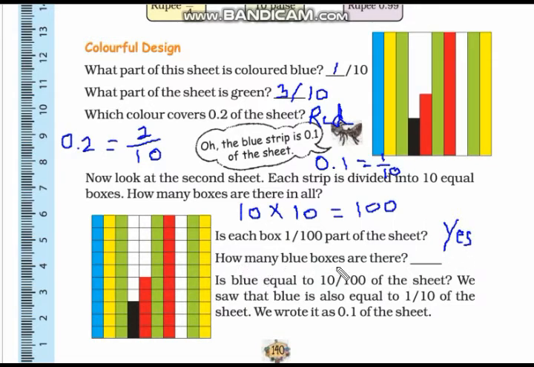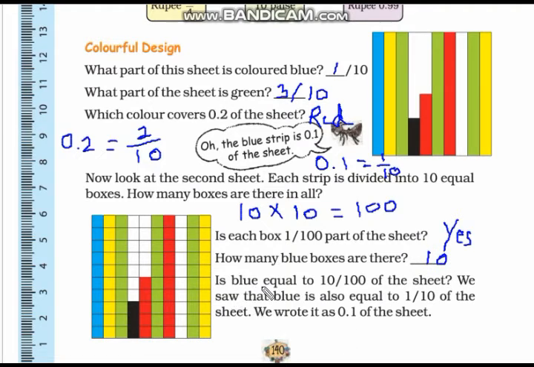Now how many blue boxes are there? If you count here, how many blue boxes are there? Children, count here how many blue boxes. Obviously 10. 1, 2, 3, 4, 5, 6, 7, 8, 9, 10. So 10.